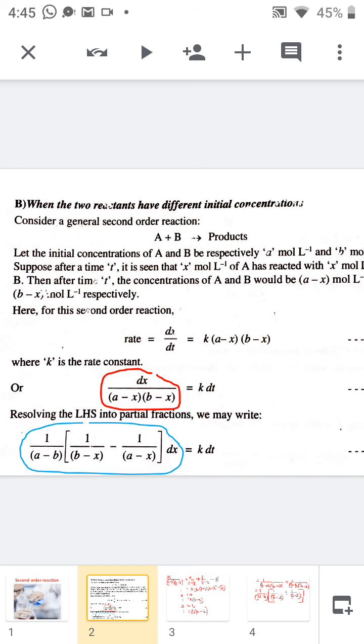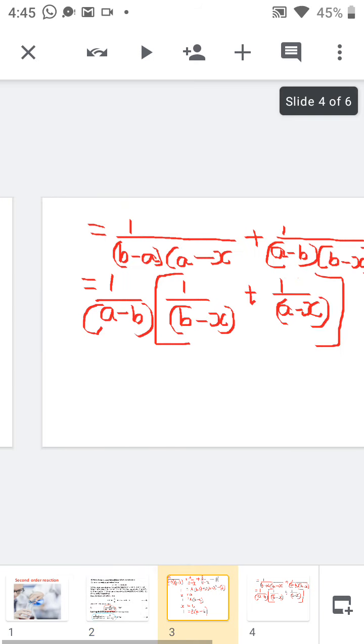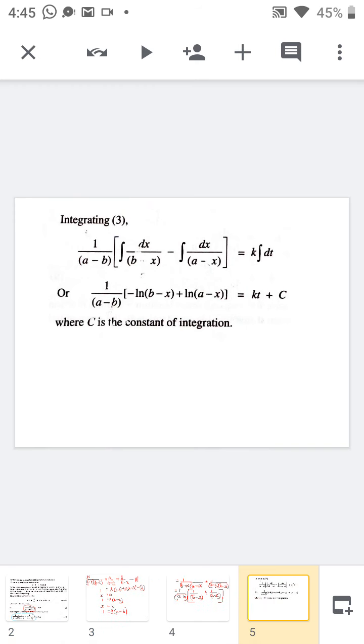Again, after doing the partial fraction, we have to integrate the equation. We know that 1 by (a minus b) is a constant, so we can take that term outside. Then we do the integral: integral dx by (b minus x) minus integral dx by (a minus x) equal to k, again a constant, into integral dt.